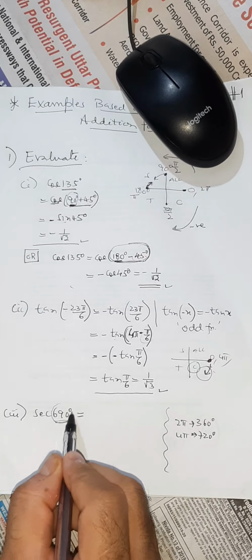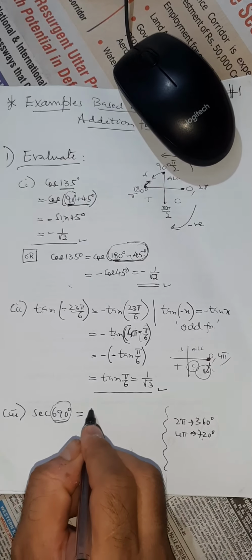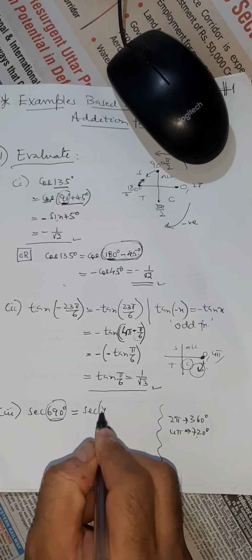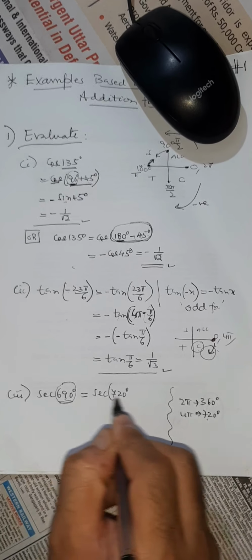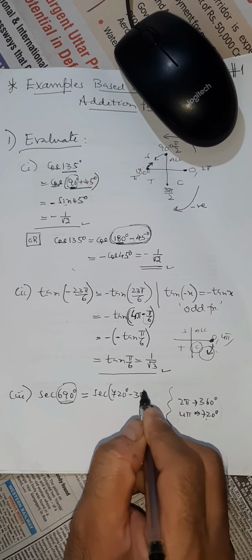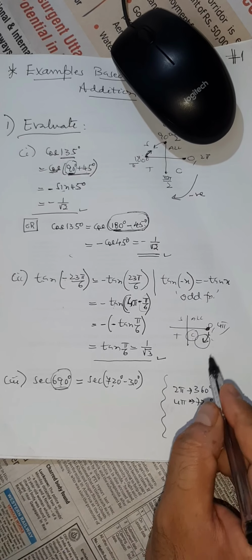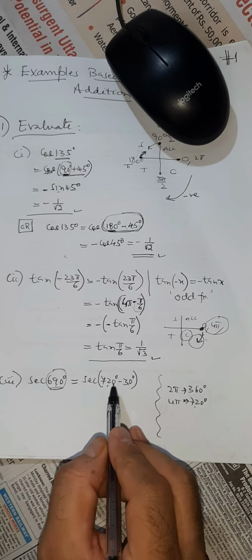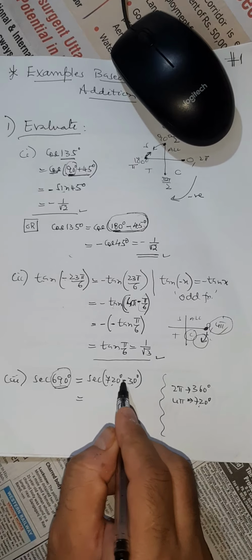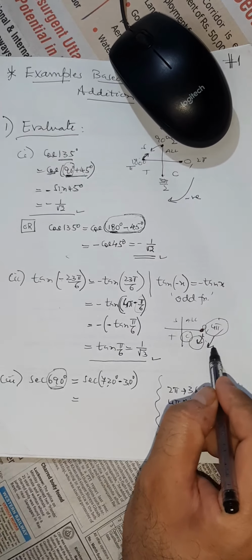So 690 is close to 720. So how do I rewrite? 720 minus 30 degree. 30 degree is the standard value. 720 is 4 pi. Where is 4 pi? Again here. Minus something. So it will be in which quadrant?